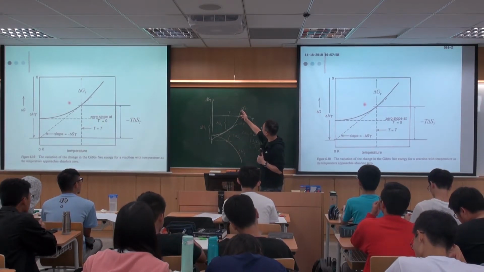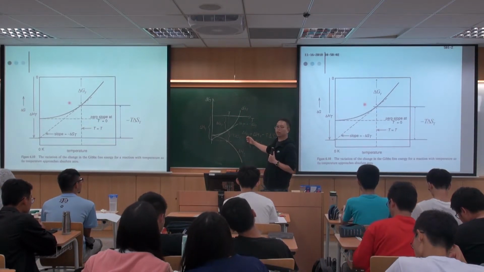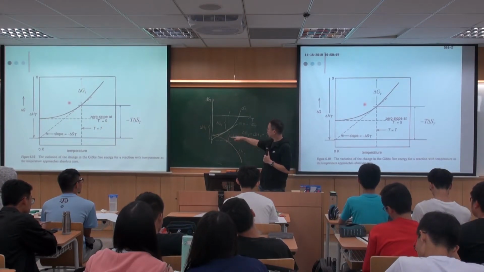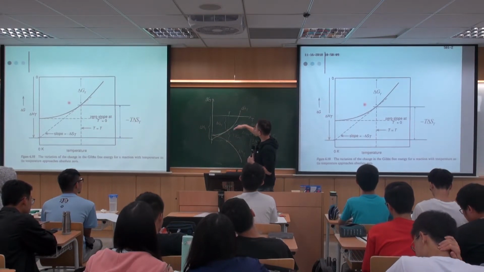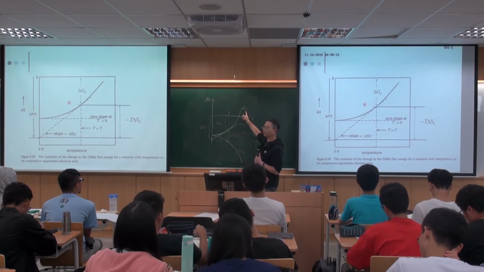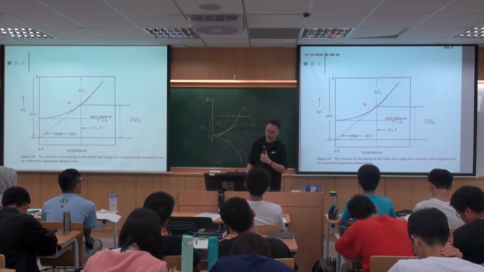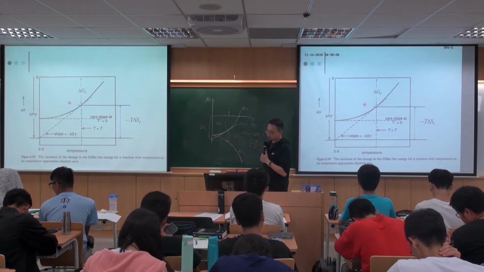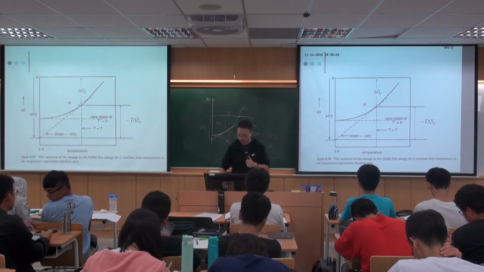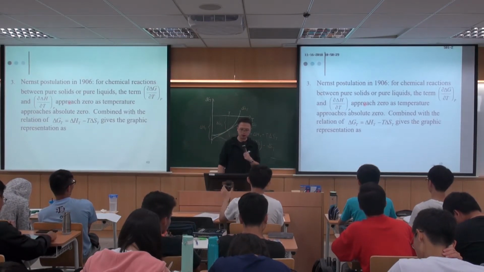The reason why you have one curve here is because of the definition of Gibbs free energy. So at this point, you should expect that the slopes for delta G and delta H are both zeros. So this is a graphical representation of what this Nernst postulation is about.